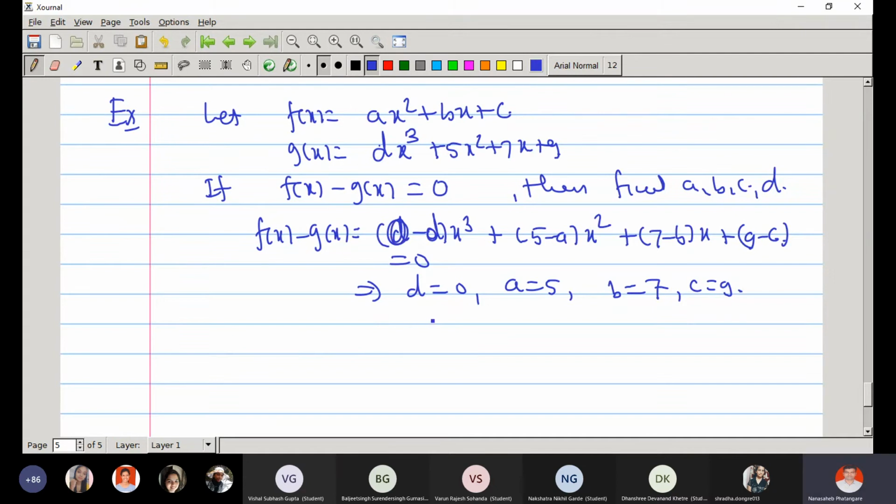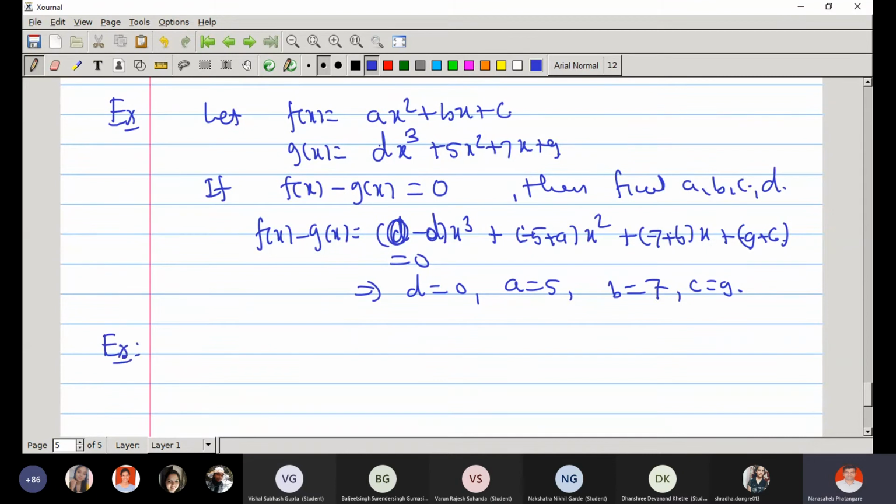Fine. The answers for the other values are also a minus 5 and b minus 7. Now you can understand the subtraction.